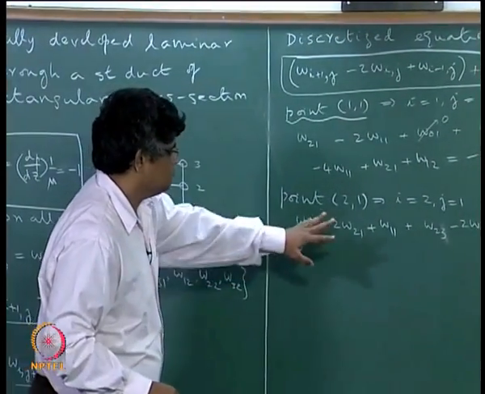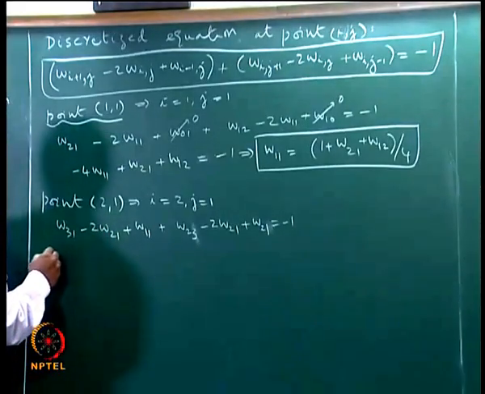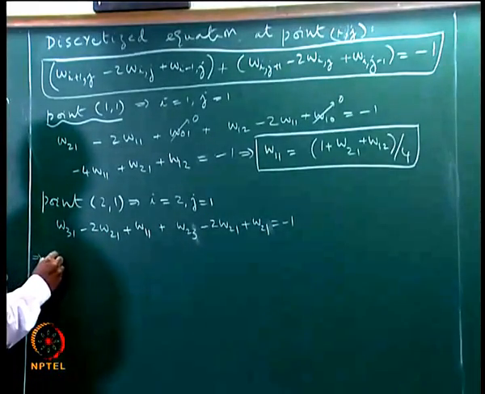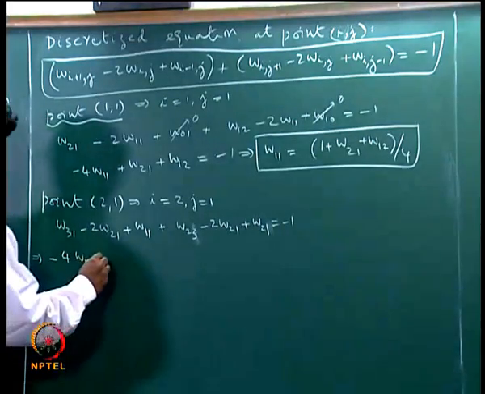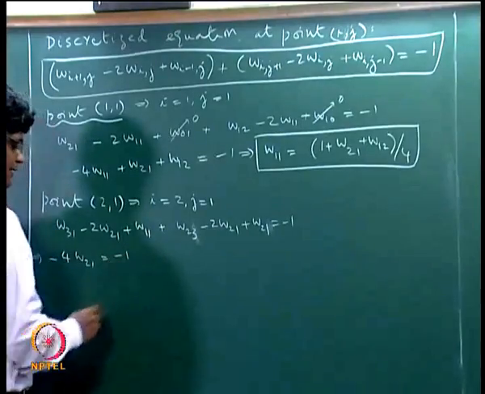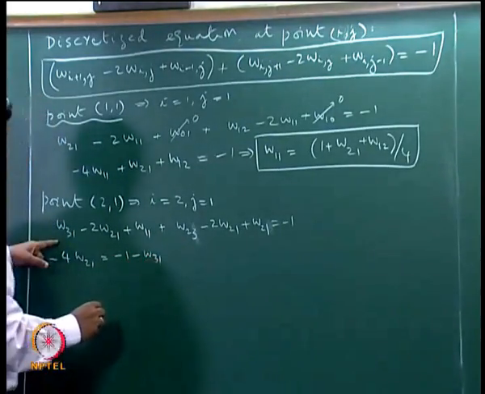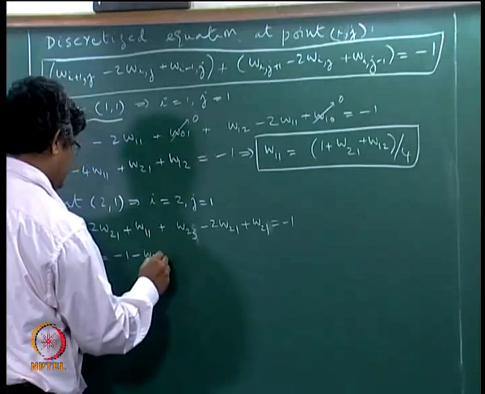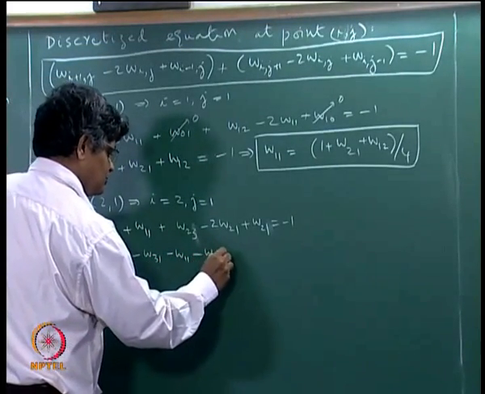Here there are no boundary points, so we can write this as minus 4W21 is equal to, we can take all the other things onto the right hand side, minus W31 minus W11 minus W23.